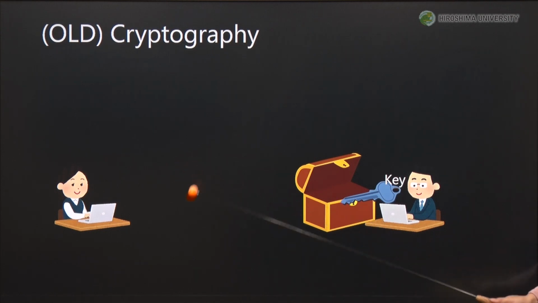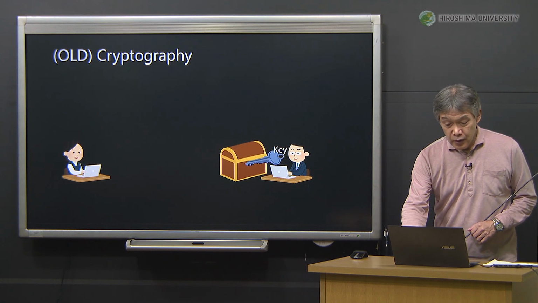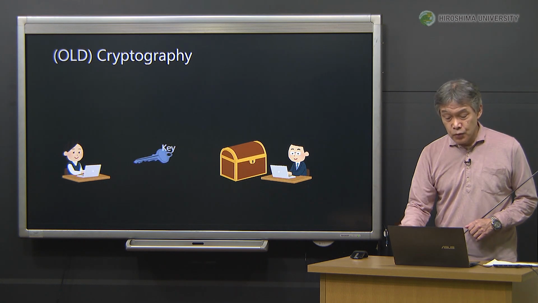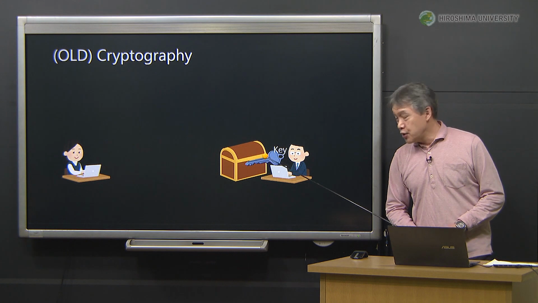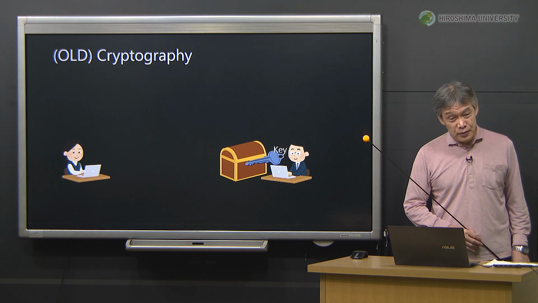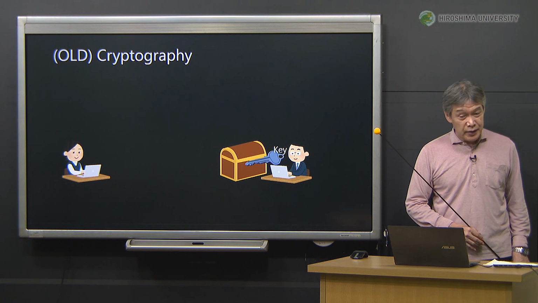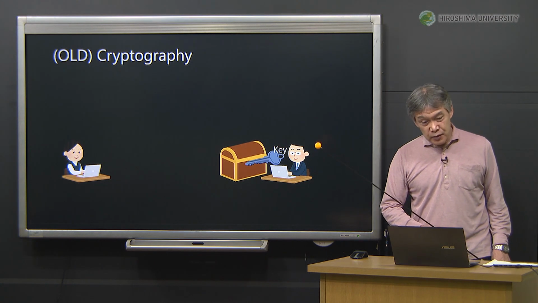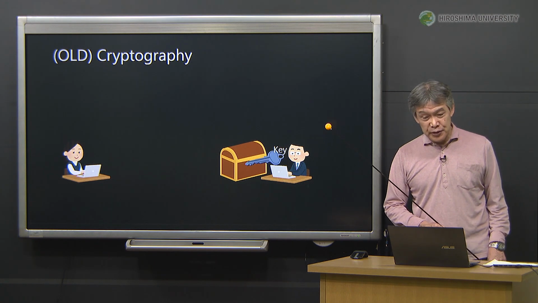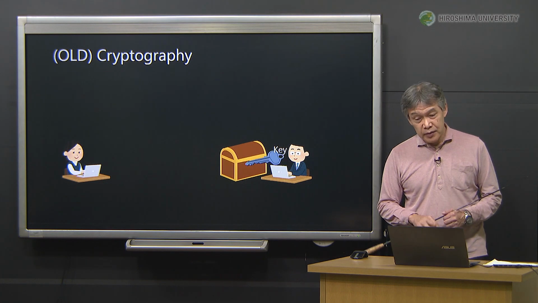However, sending this secret key is the most risky point of this cryptography system. When she sends this key to this person, if the key is stolen or lost, that cryptography doesn't work. That is a very dangerous, risky point of this cryptography.